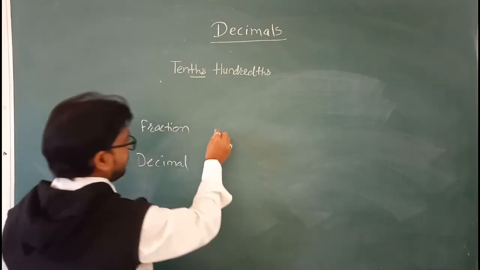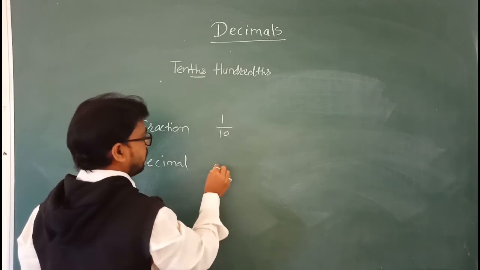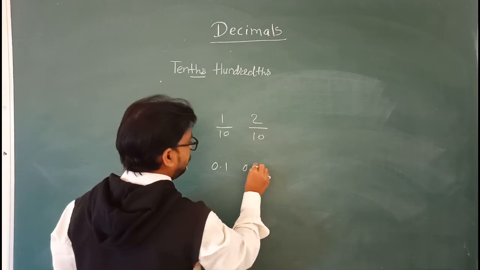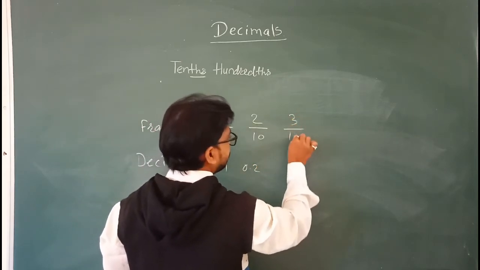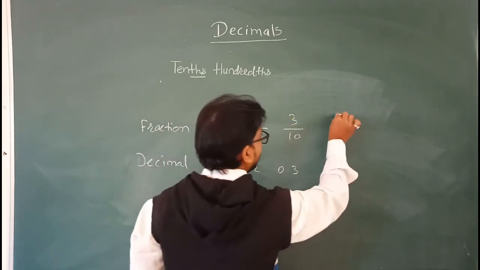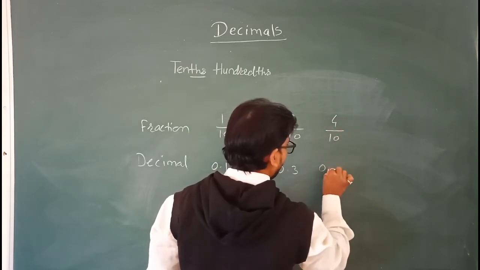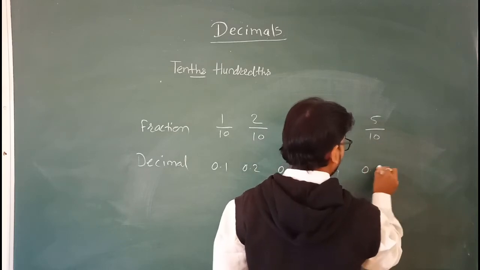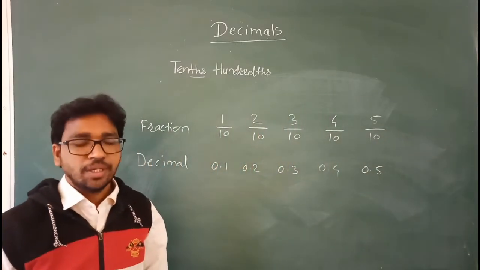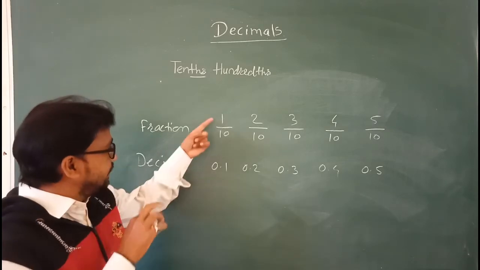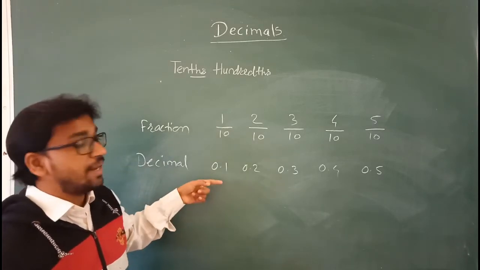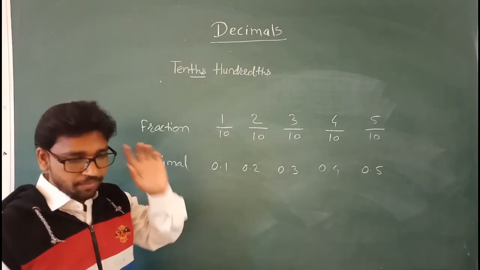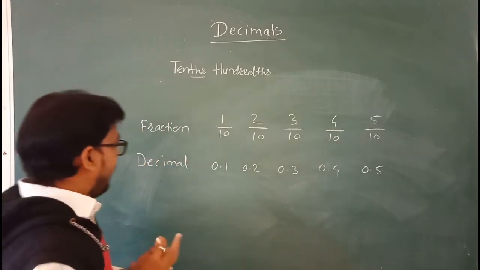Okay, so here it is 1 by 10. 1 by 10 is 0.1. 2 by 10 means 0.2. 3 by 10 means 0.3. 4 by 10 means 0.4. 5 by 10 means 0.5 and so on. Okay, how to solve this? If the fraction is 1 by 10, we can write in decimal form as 0.1, 0.2, 0.3.